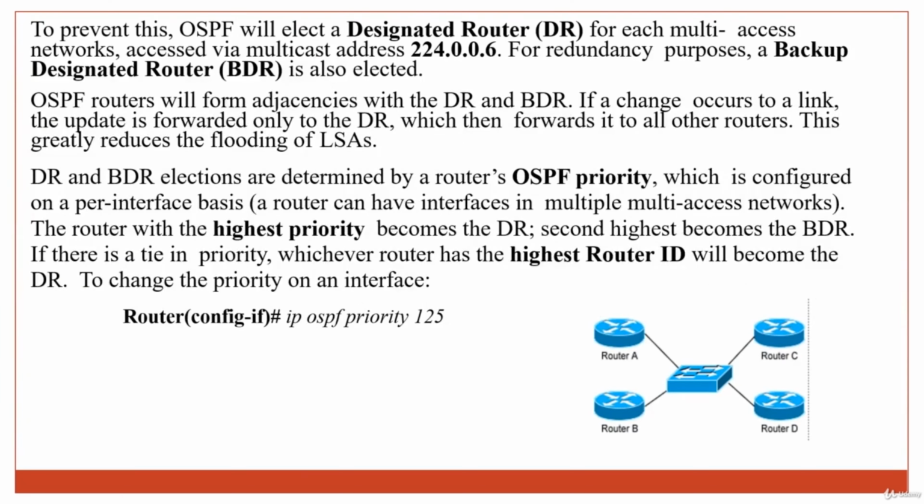Then how the DR/BDR selection happens. Again, the router ID is an important factor here, and as per the router ID they form the DR/BDR, because by default we are not setting the priority. By default the priority is 1, and according to the router ID they will select who is the DR and who is the BDR.